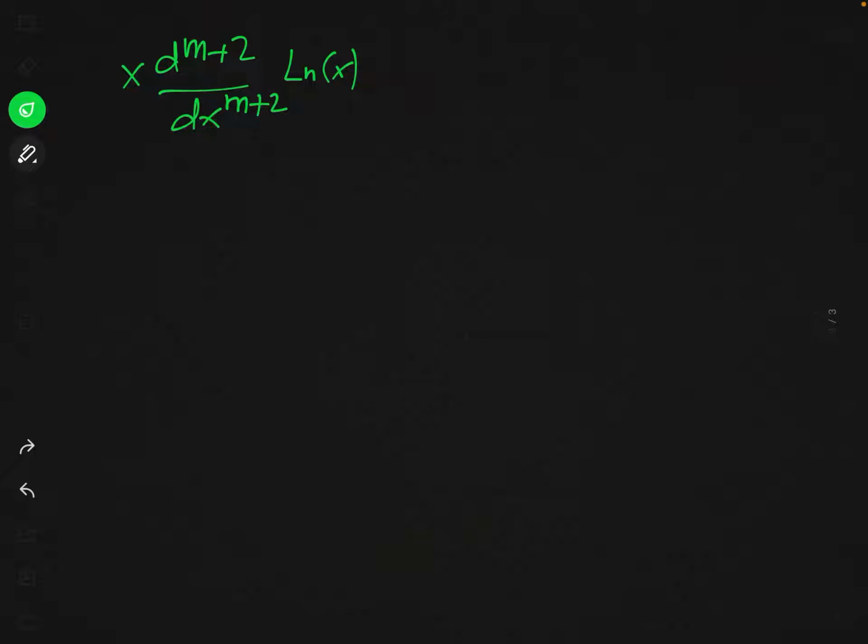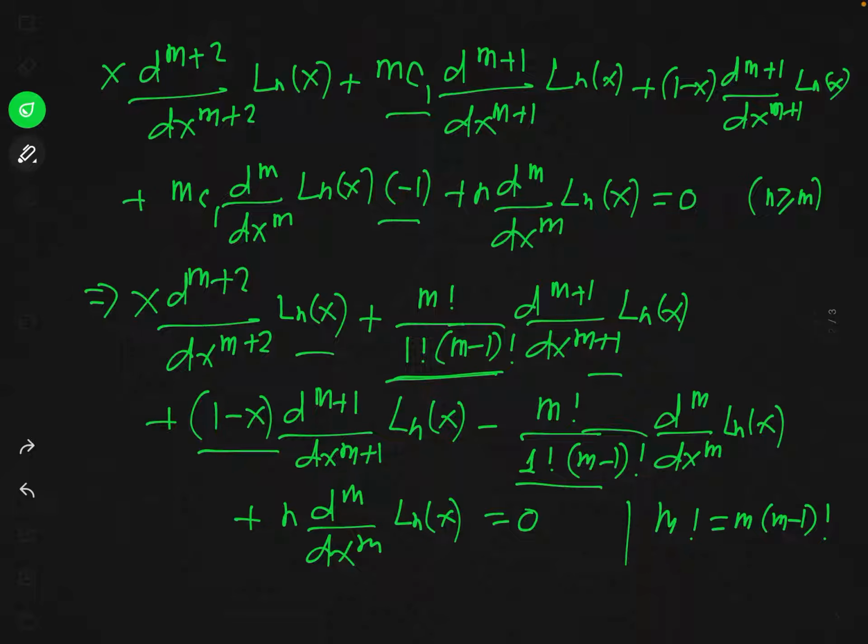So this will be plus (m + 1 − x) d^(m+1)/dx^(m+1) operated on ln of x, and plus again, see here, in fact d^m/dx^m ln of x is present here and also in this term.